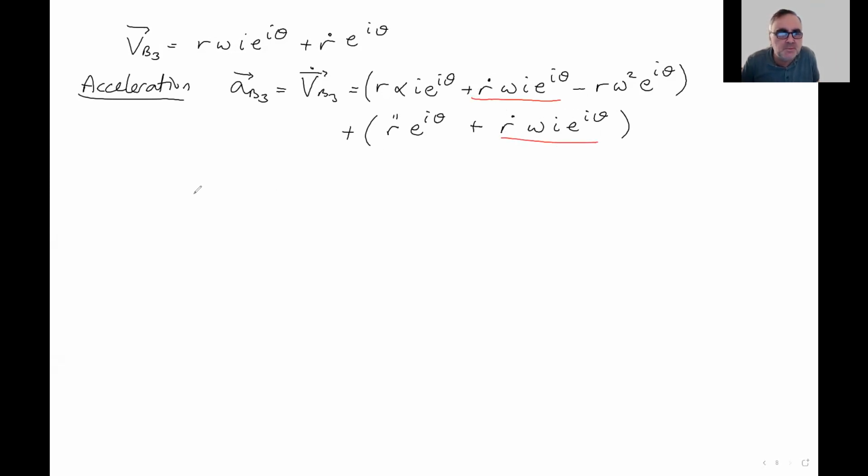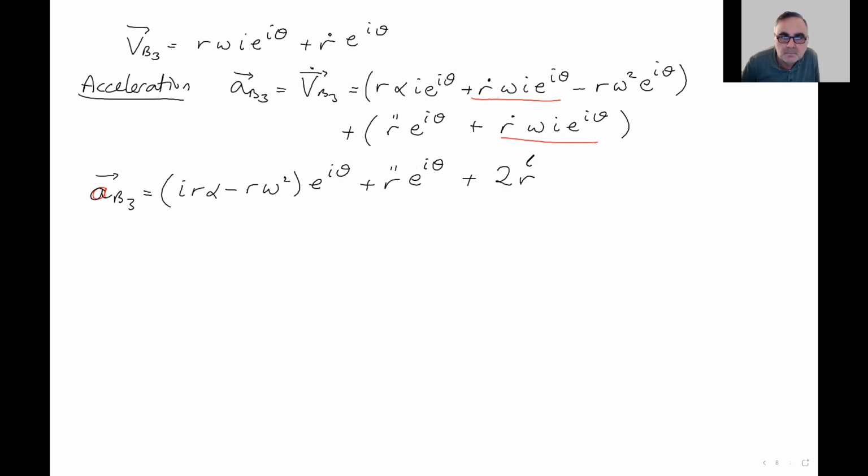And they're exactly the same, so we will add them up. R dot omega i.